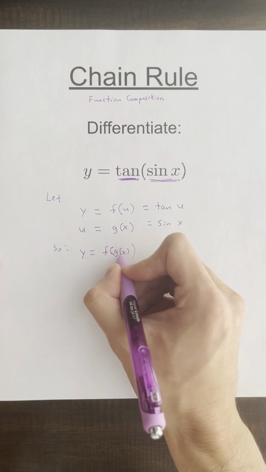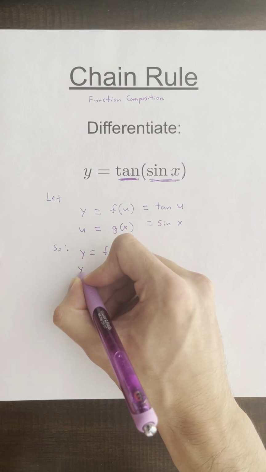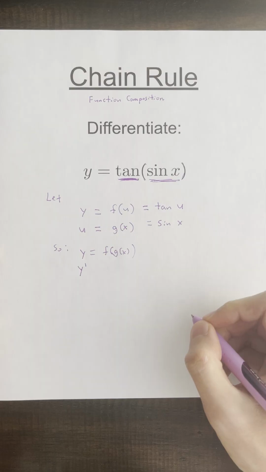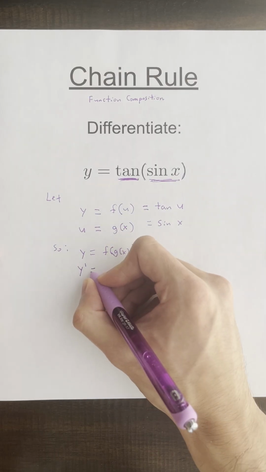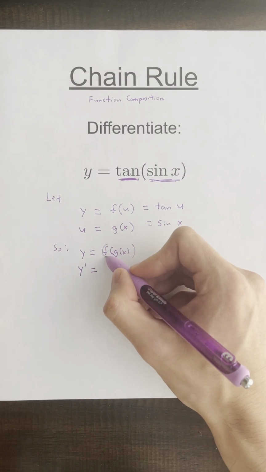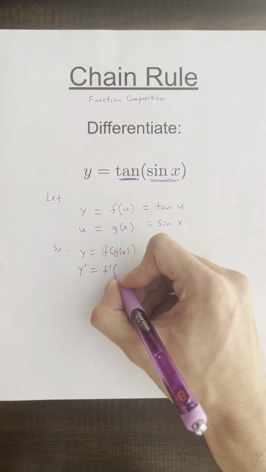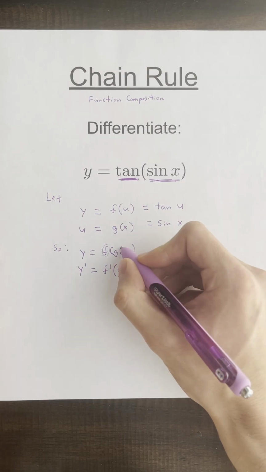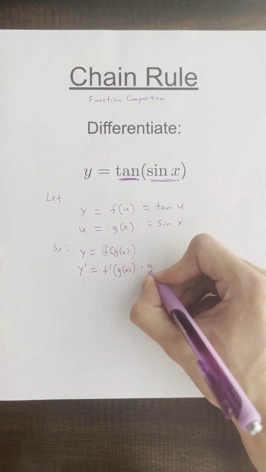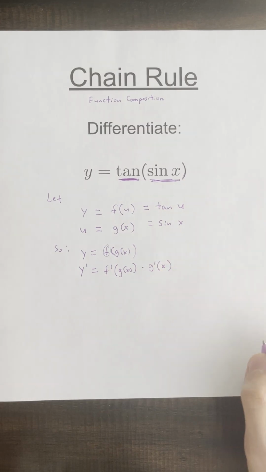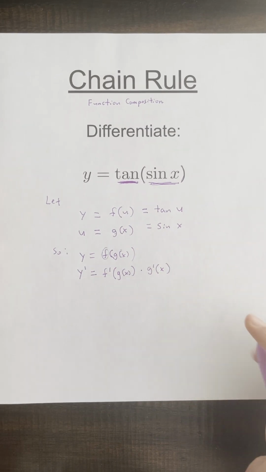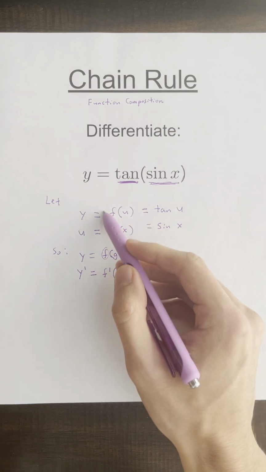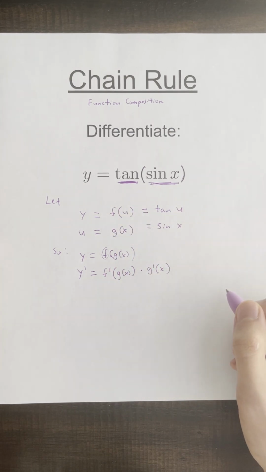So if y is equal to f of g of x, according to the chain rule, what's y prime? It's going to be equal to the derivative of the outer, so f prime of g of x, times the derivative of the inner, so g prime of x. What's f prime according to this equation? What's the derivative of tangent?